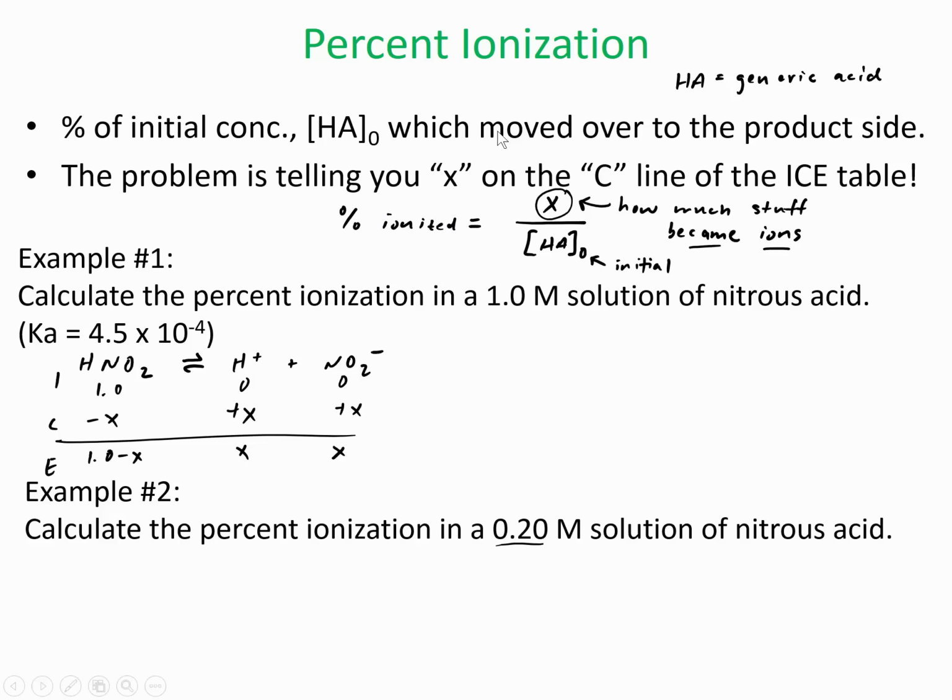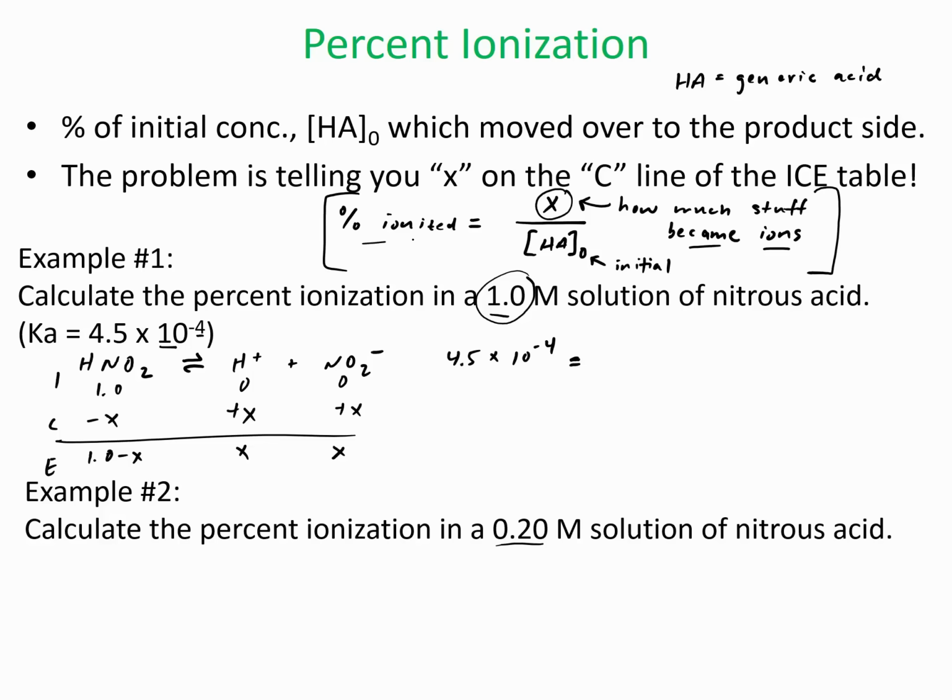Now, this is actually kind of strong, 4.5 times 10 to the negative fourth. But I'm going to trust that that's big enough that X won't put such a big dent in that number. So I'm going to use the assumption rule. To the keen observer, percent ionized is actually a check of the assumption rule.